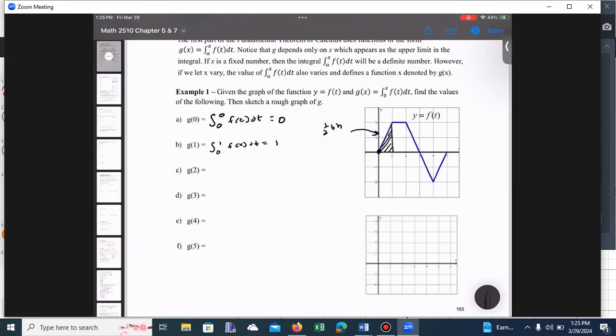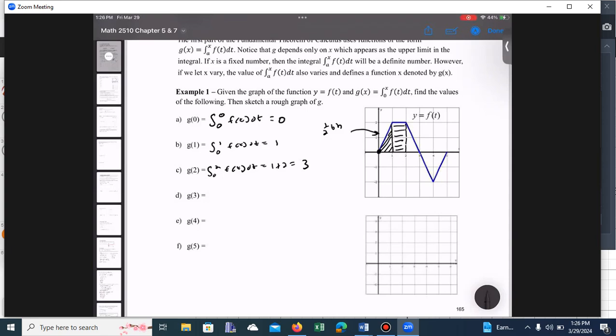And then we look at 0 to 2, where we're adding on that rectangle there. So we're looking at the integral from 0 to 2 of f of t dt. That's going to be equal to, let's see, 1 times 2 is 2, so it'll be 1 plus 2, which is equal to 3.